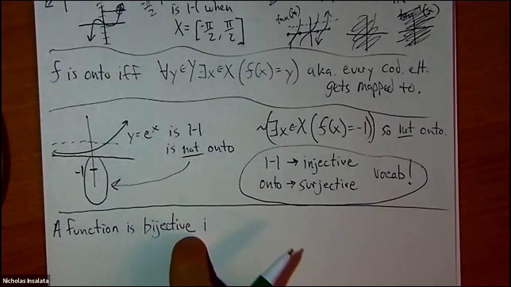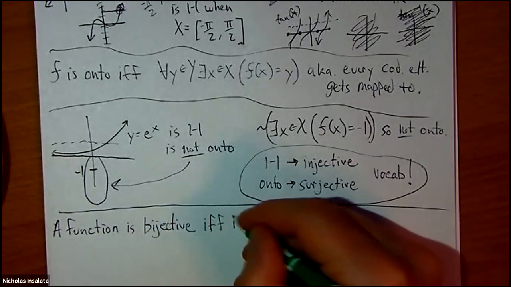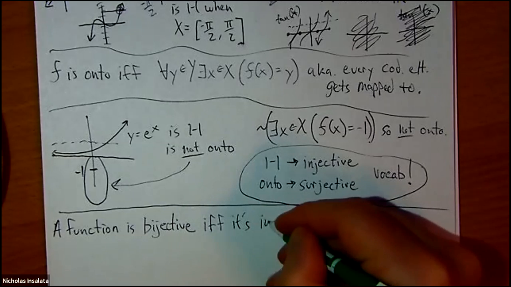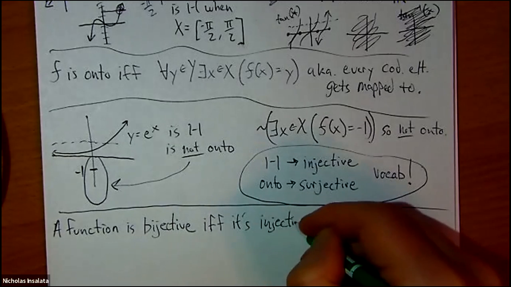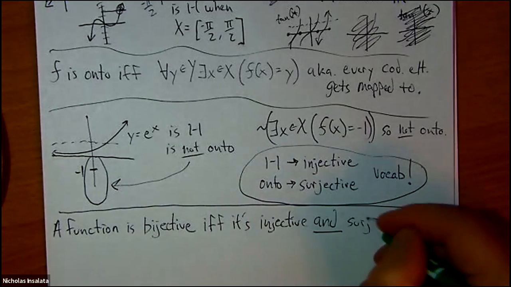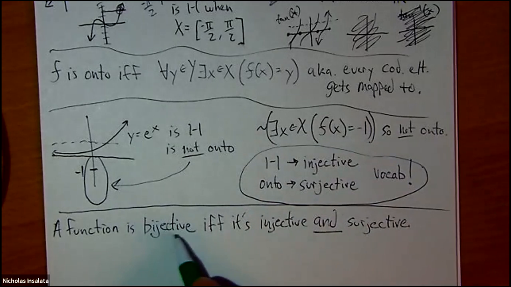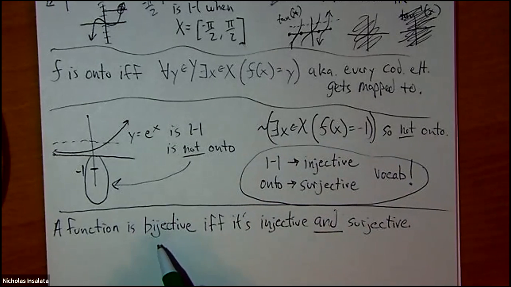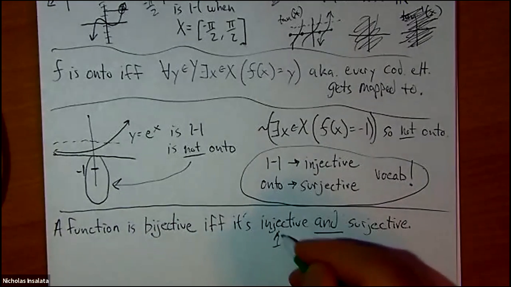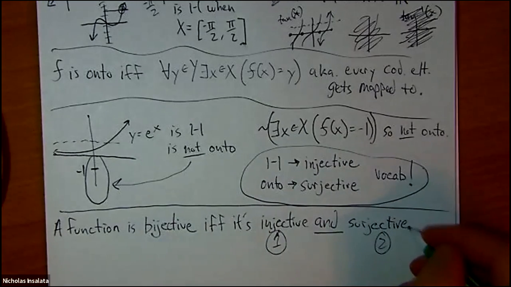Bi means two, doubly jective, if and only if it's injective and surjective, which makes sense why it's doubly jective. Bijective, because it's injective first and surjective second. So if it's both, it's called bijective.